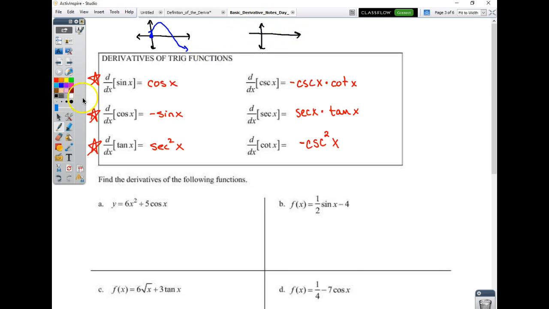Now think about the cosine function. Cosine function starts where? And goes? So why is the derivative of cosine negative? Because the slope is? Bingo, Ackerman.